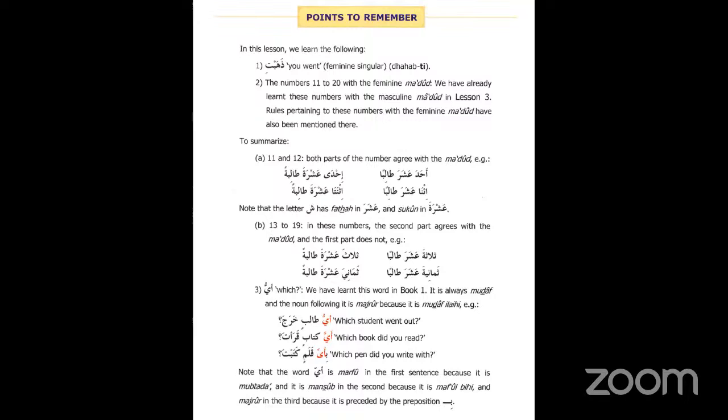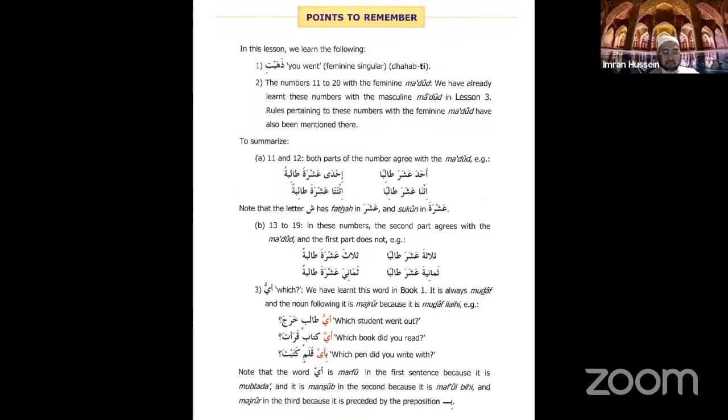Ihda ashrata talibatan. In one, the unit and the tens are all male, and in the other one they are female. Asna ashra taliban, isnata ashrata talibatan. Correct.